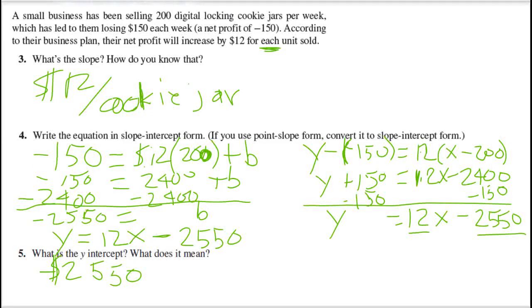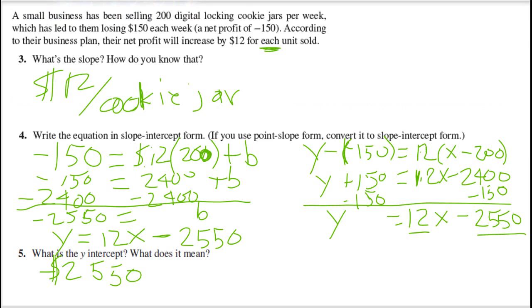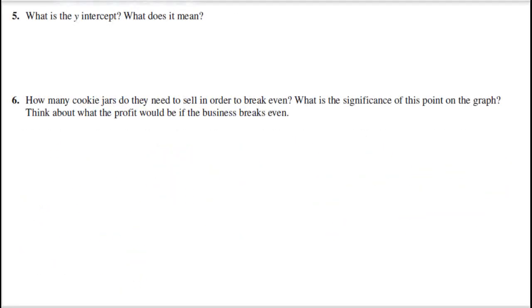Owning the factory has costs. Even if we shut the factory down, we still have to pay those costs. And that's what this actually represents. On to question 6. And restart the video once you have answered question 6.